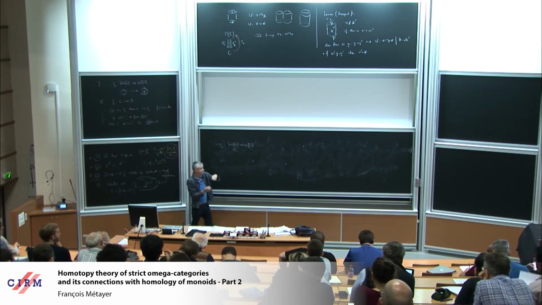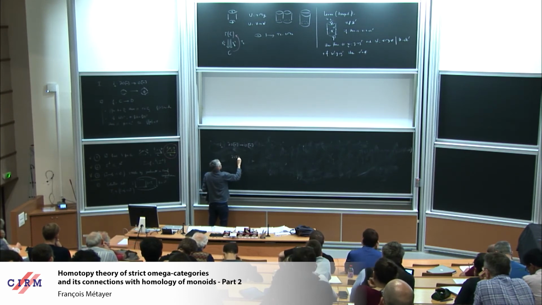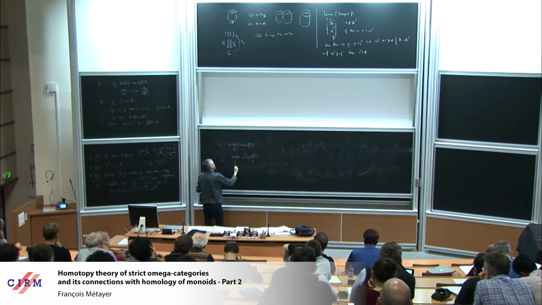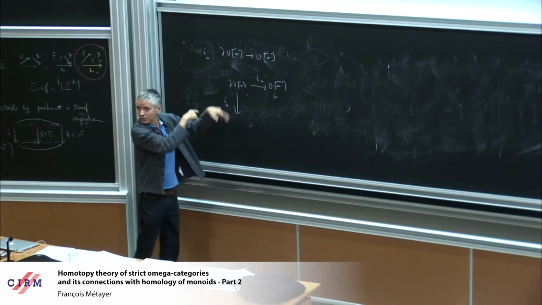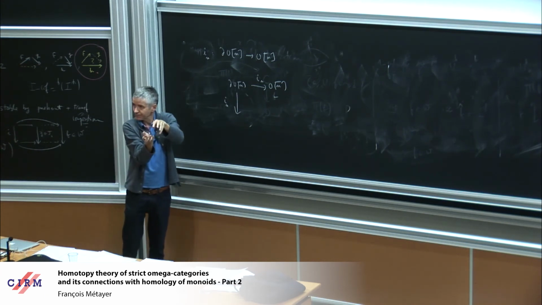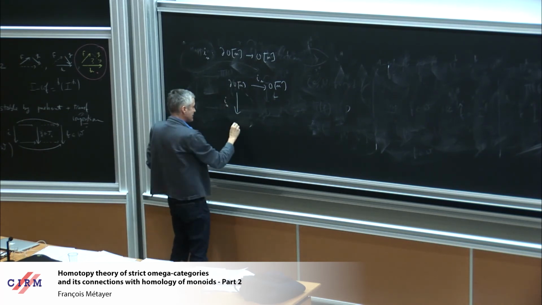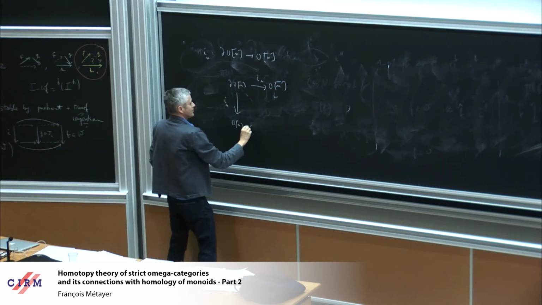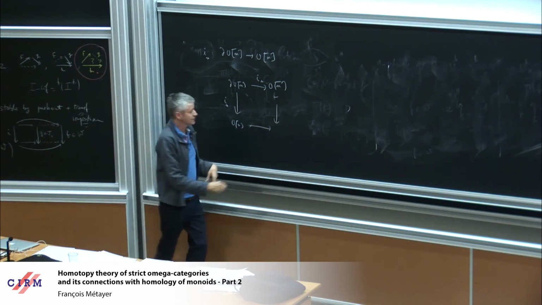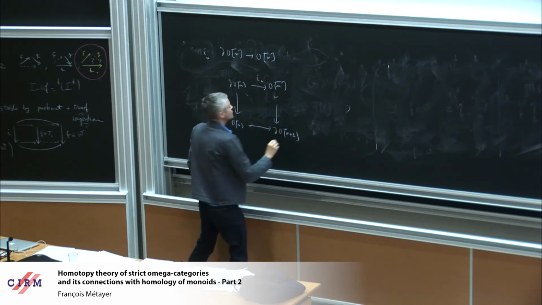When you push out 2 copies of O N along the common border here, delta O N, then what you get exactly here is the next sphere, delta O N plus 1 here.